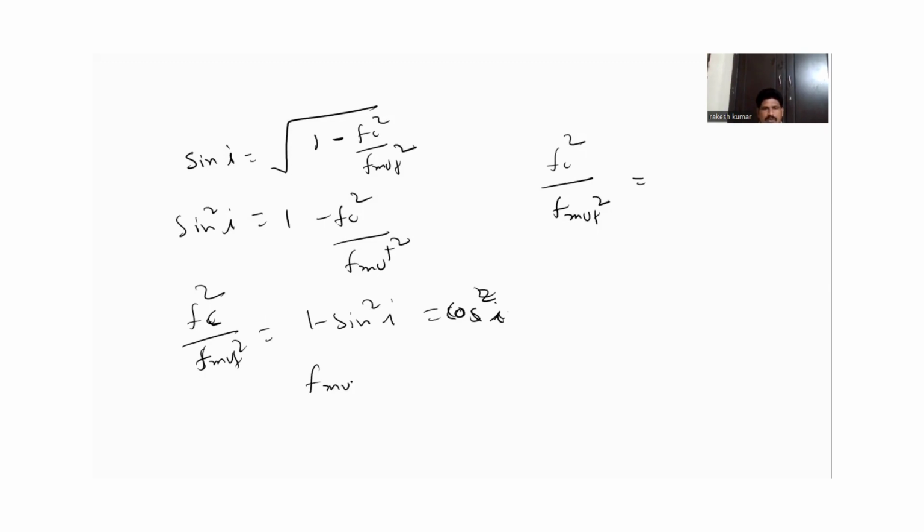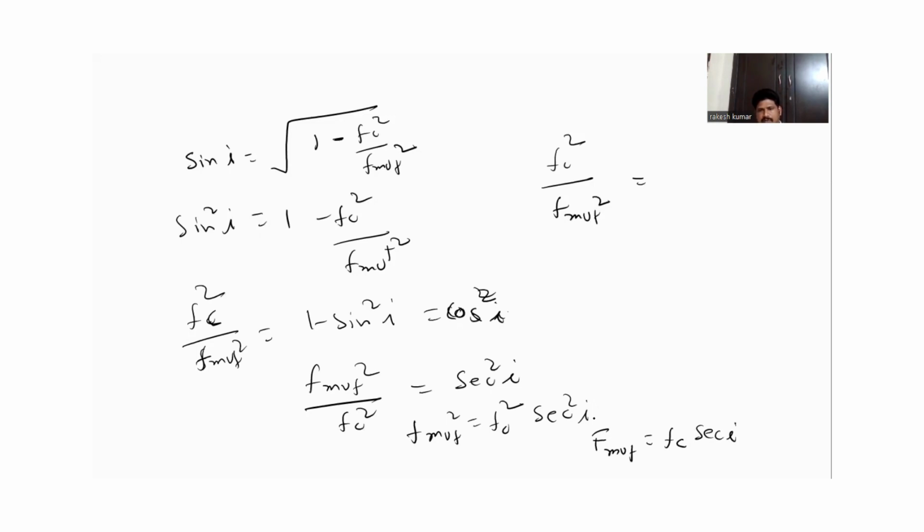So similarly, f0 whole square by fc square is equal to 1 by cos square i, which is secant square i. Therefore, f0 square is equal to fc square into secant square i. So finally, the expression for f0 is equal to fc into secant i.